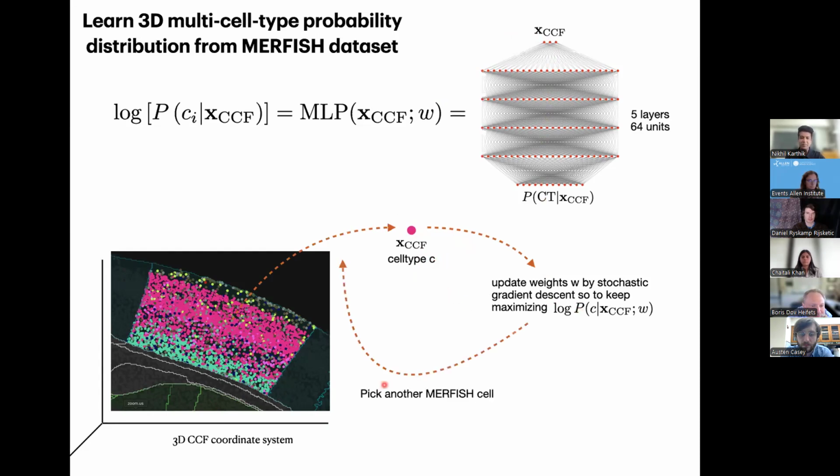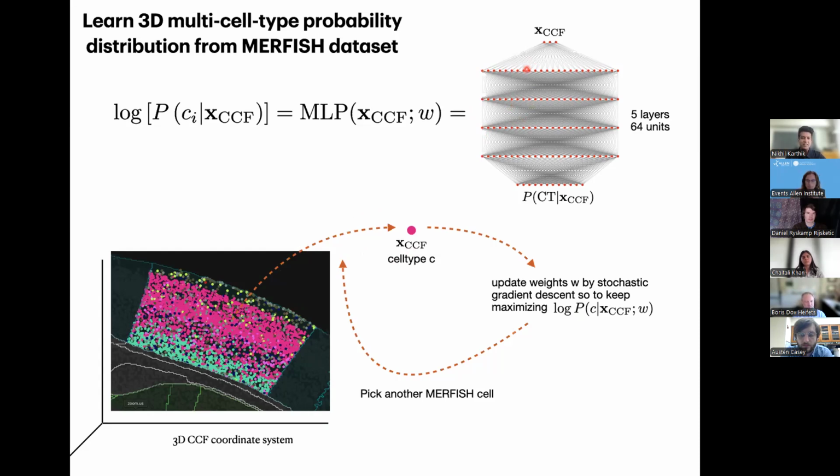And we repeat this process by picking another MERFISH cell and so on. Then we have the test data set, 10% of the data, and see how it converges. We were able to see that with the top 3 probabilities there was around a 76% success rate with this approach. So with this, we now have the setup to predict the 3-dimensional multi-cell probability distribution over the 3D WISP.